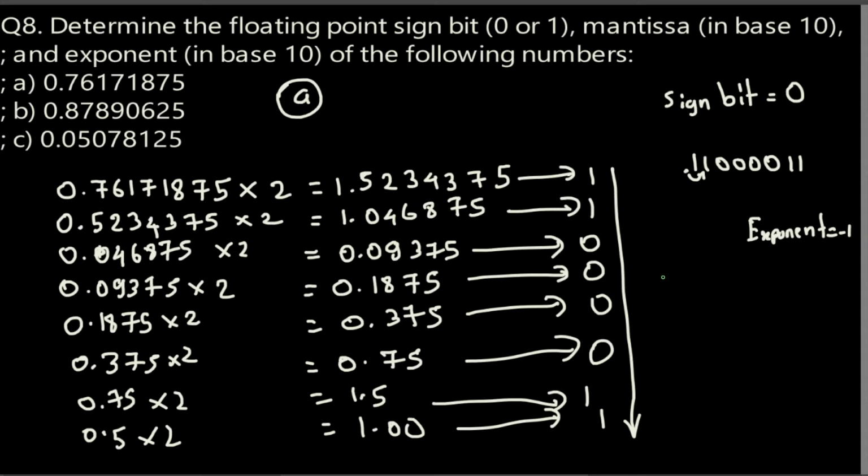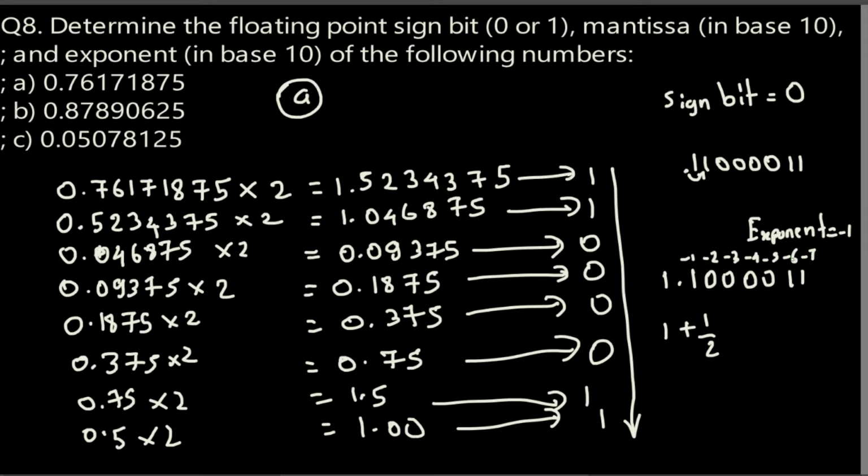And after we move that, we are going to have 1.1000011, and if we convert this into decimal, that is going to be our mantissa. Here this is at 2 power 0 location, so that's going to be 1, and this one is at 2 power -1, that is 1/2, and then -2, -3, -4, -5, -6, -7.